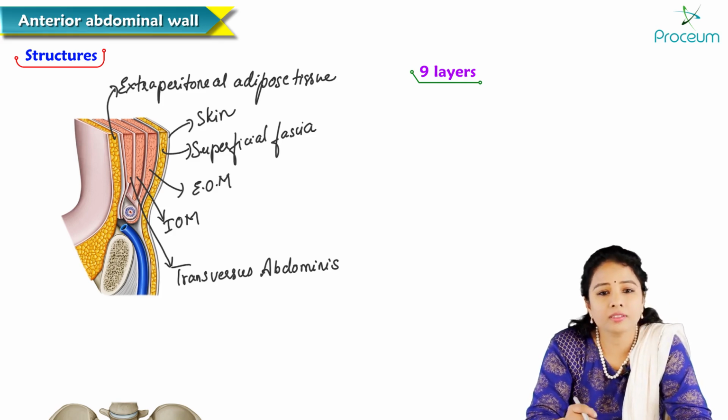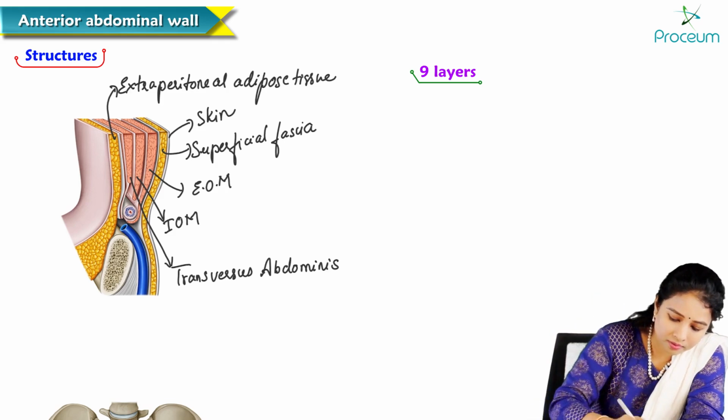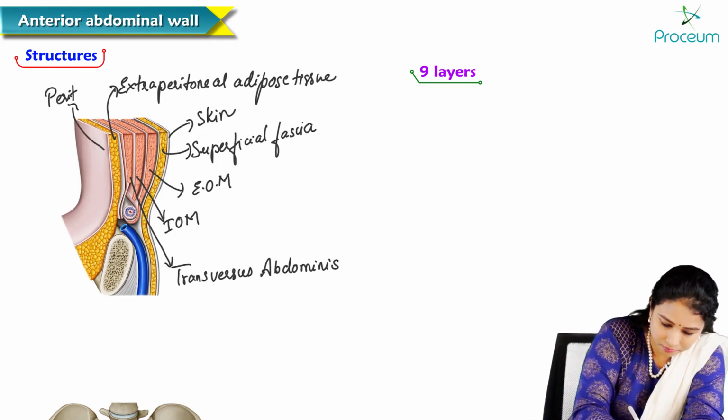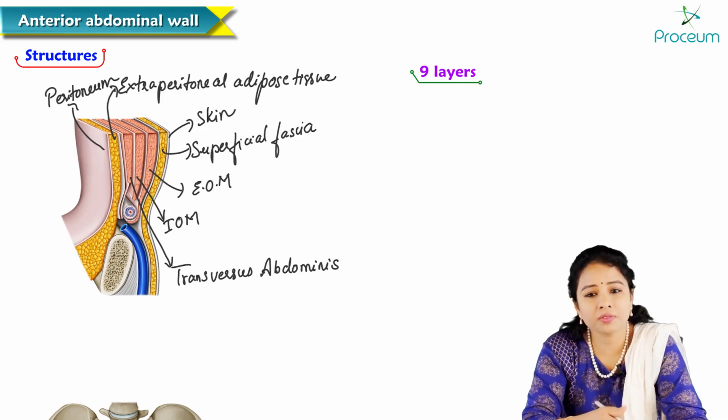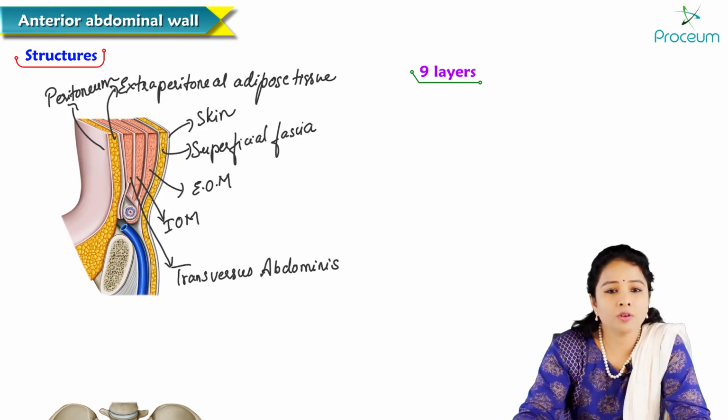And deep to the extraperitoneal adipose tissue is the areolar tissue and peritoneum. So peritoneum, to be specific, it is parietal peritoneum. So these are the layers that form the anterior abdominal wall.